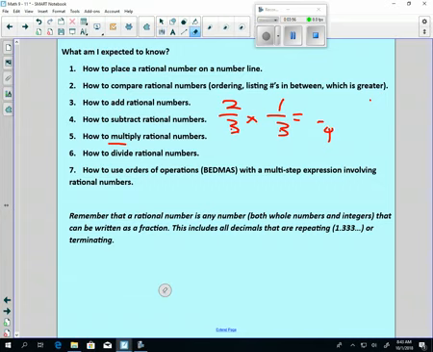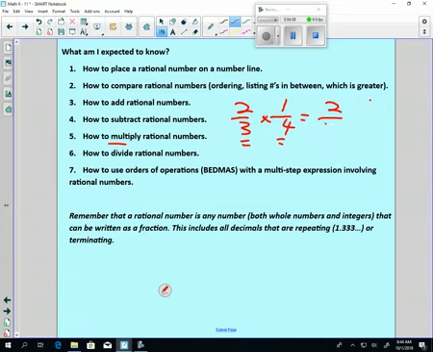It doesn't matter whether the denominators are common or not. Here we have different denominators. We still multiply. So 2 times 1 is 2, 3 times 4 is 12. Reduce that, divide both by 2, 1/6.